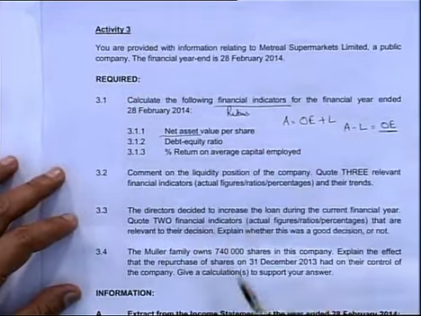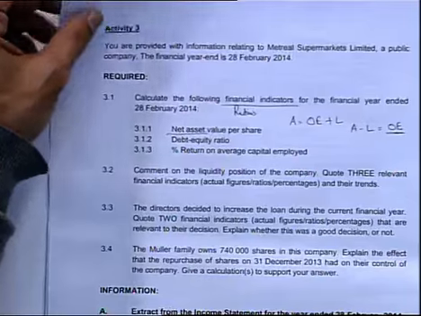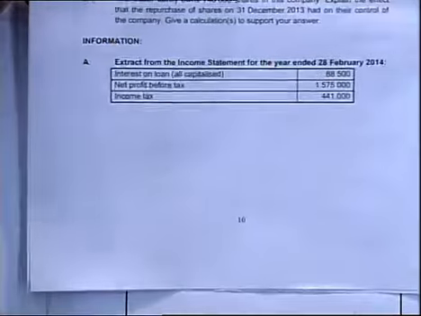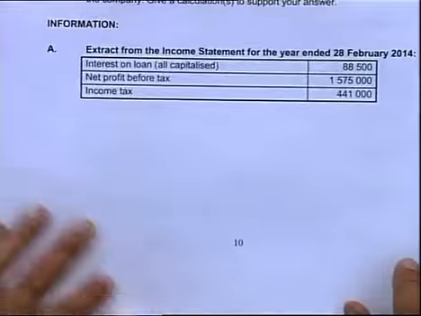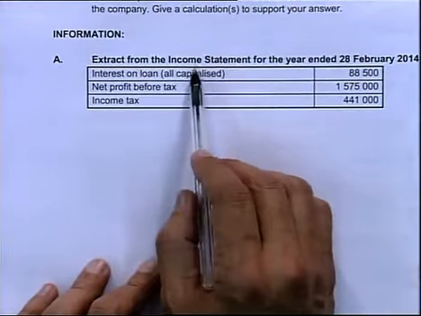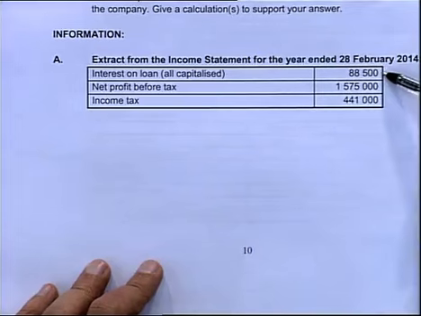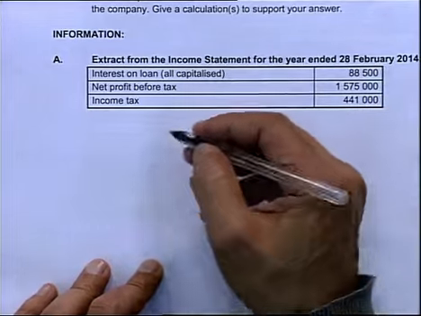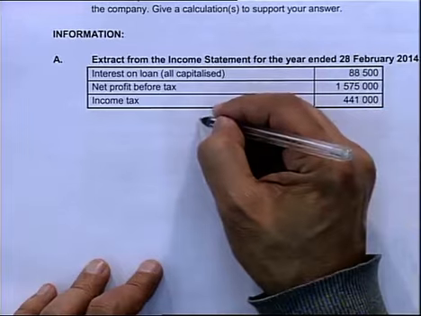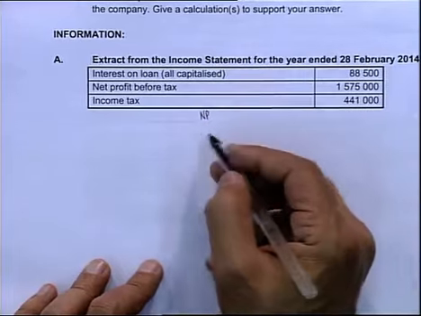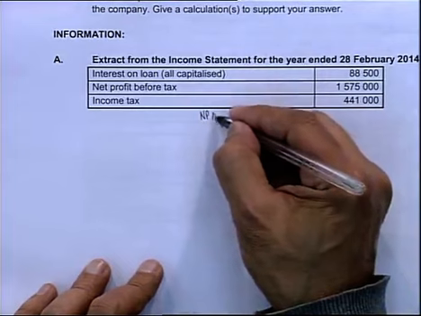We'll just go and fill in those items, and then we can see how it works. Okay? So first of all, we'll just look at the information. At the bottom of the page, they're giving us information that's an extract from the income statement. They're giving me the interest on the loan or the interest expense. They're giving me the net profit before tax. They're giving me the income tax. But many of the ratios normally require for us to use the net profit after tax.